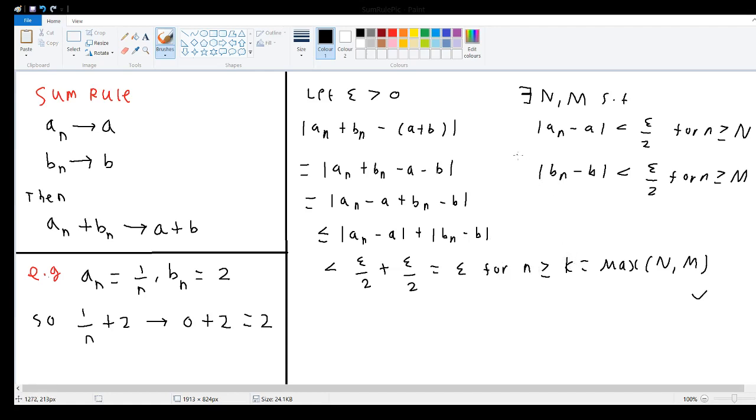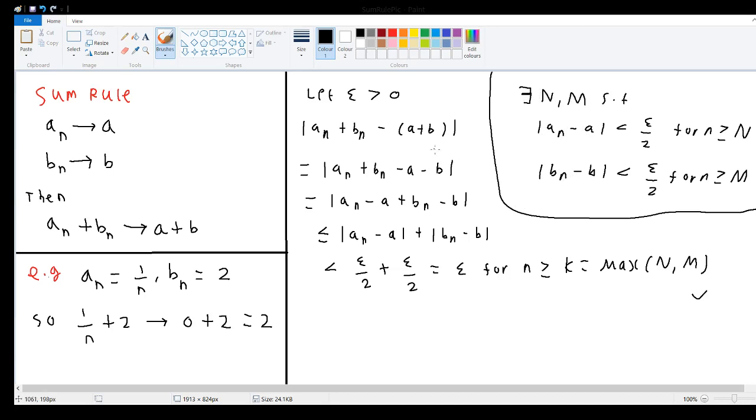Now the important step here, I'll just separate this section off so you can see, the important step here is this part, the exists capital N and capital M, because we've used the fact that the limit of a_n is a and the limit of b_n is b.